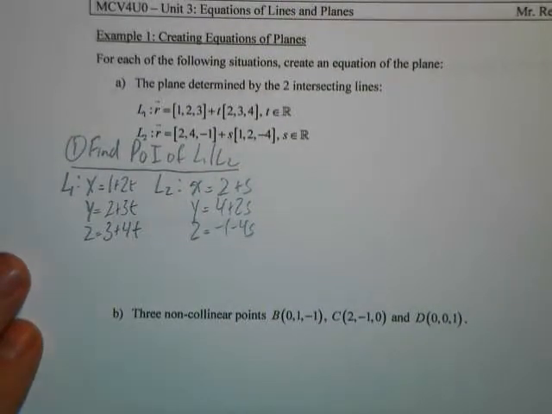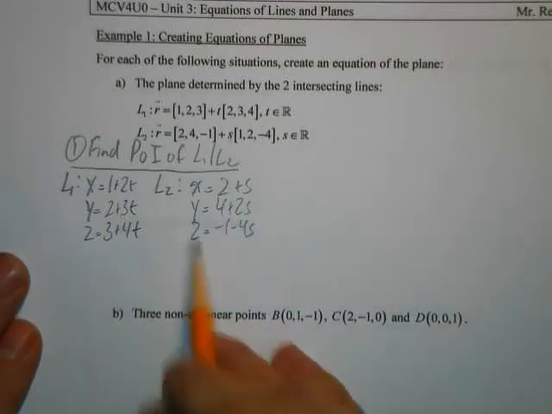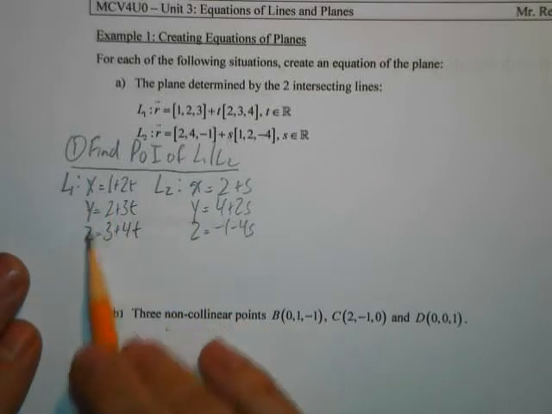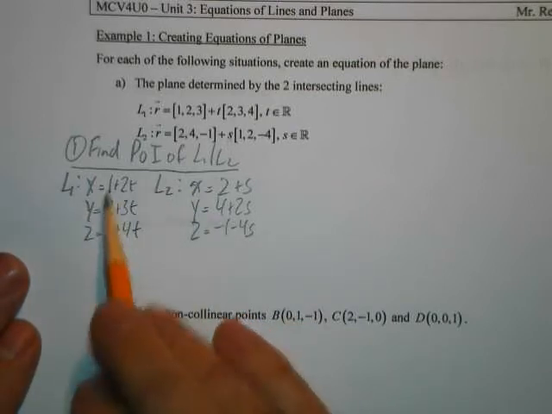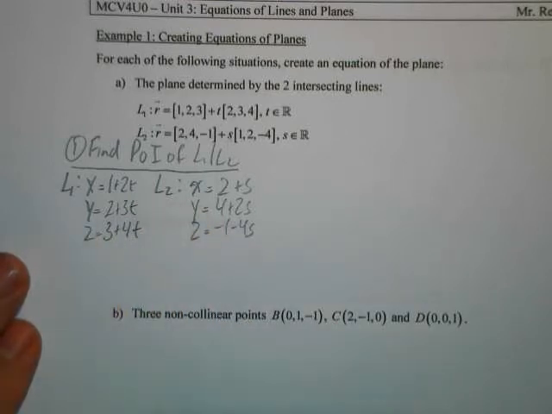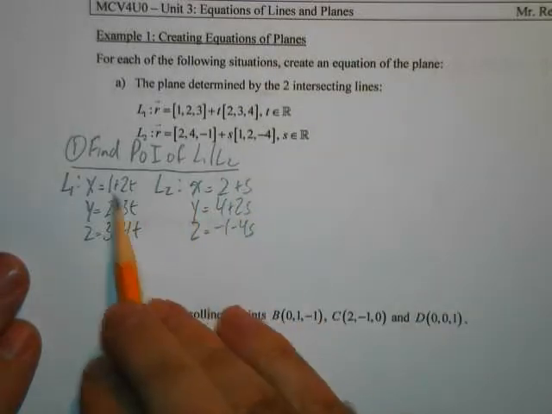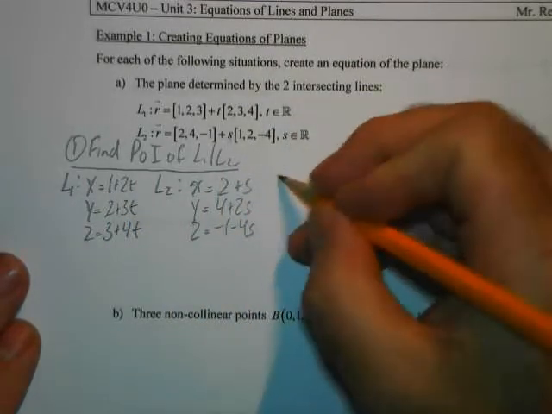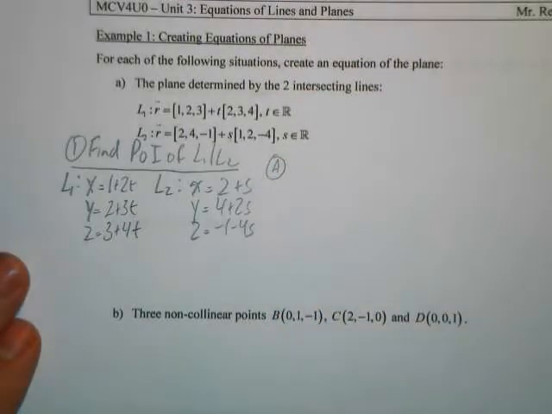Okay, so what we're going to do is figure out what the values of s and t are that make these x, y, z's the same, because that would be the point that they both share in common. So I've got equations for x for the 2 lines, so I'm going to set those equal to each other.